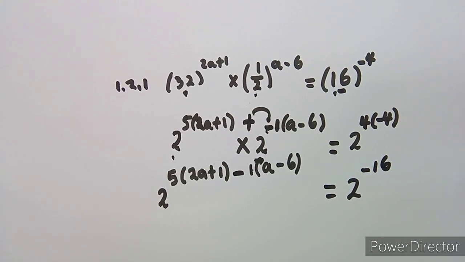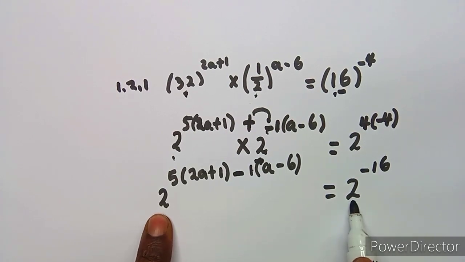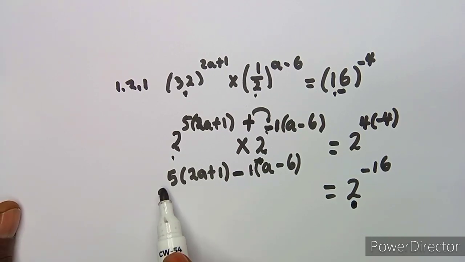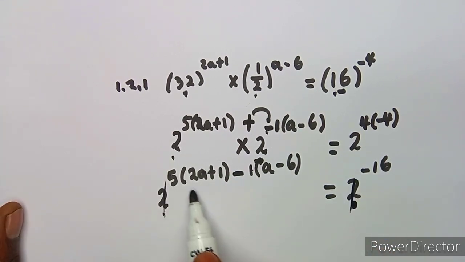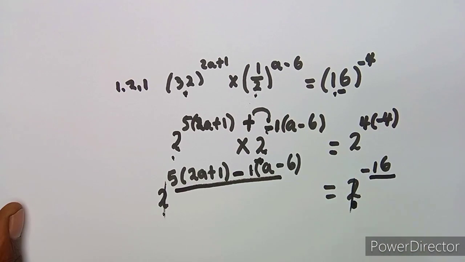So as we can see, at this stage, this is now a single base of 2, and here we have got a single base of 2. So what do we know? We know that when these bases are the same, we are going to equate the exponents.